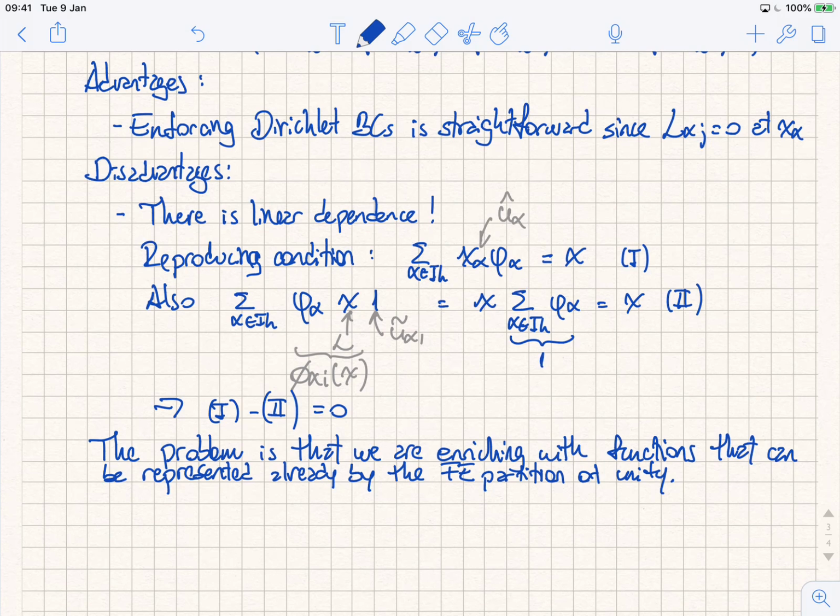Again, our linear partition of unity can reproduce linear behavior, so enriching with a linear enrichment function is not going to help us. Actually, it's going to make this whole thing much more complicated because we now need to solve a singular system. Can we solve for that? Yes, we can, but we need to do something in particular. So now I'm going to teach you how to solve linear systems that are singular.